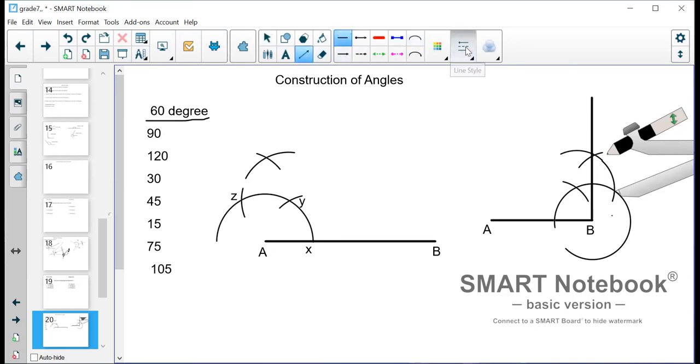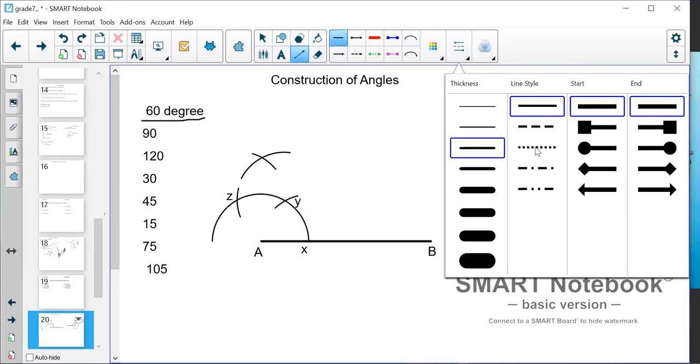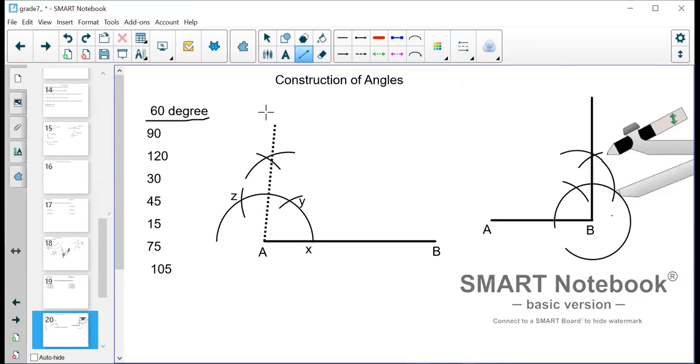So what I'll do, I'll select a broken line because I don't want anybody to get confused with the lines. Right, so I'll use a broken line instead of the bold 90 degrees. I'll just use that because I want to establish the point that we are using. So we have X and then we have 90, which is here.